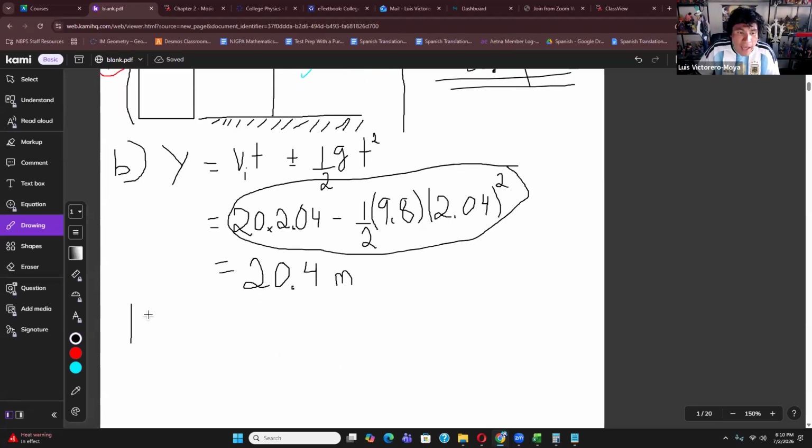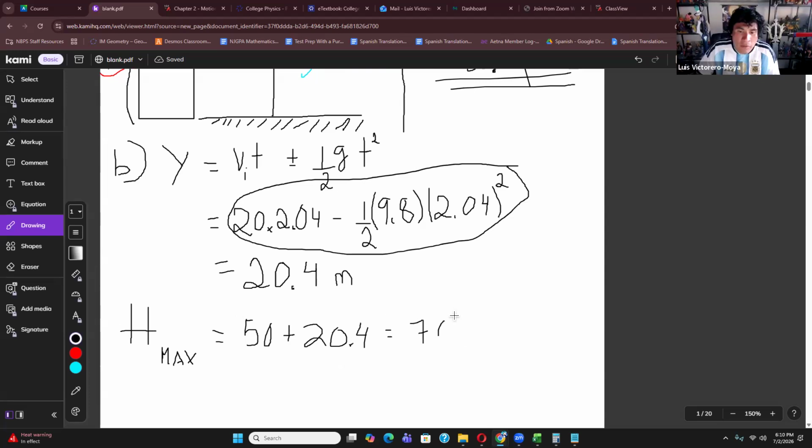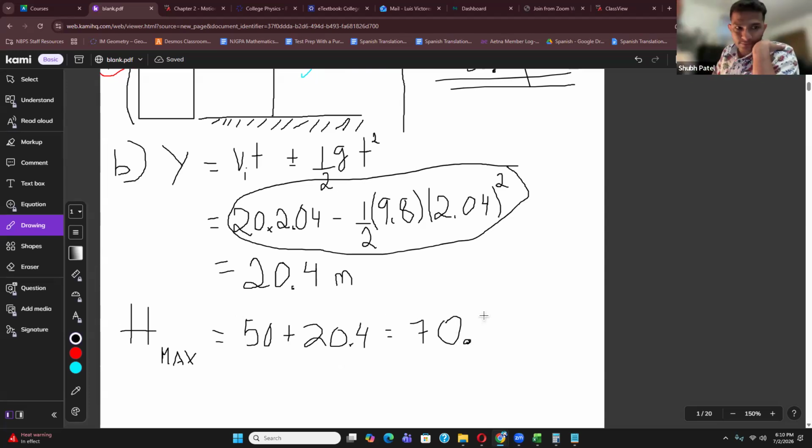So the maximum height, you can put like that, H max. That's 50 plus 20.4. That's 70.4 meters. Okay, so is that clear for everybody?